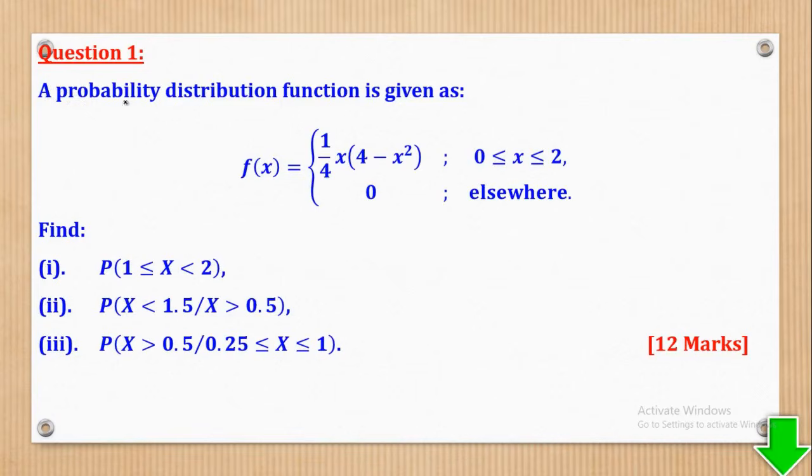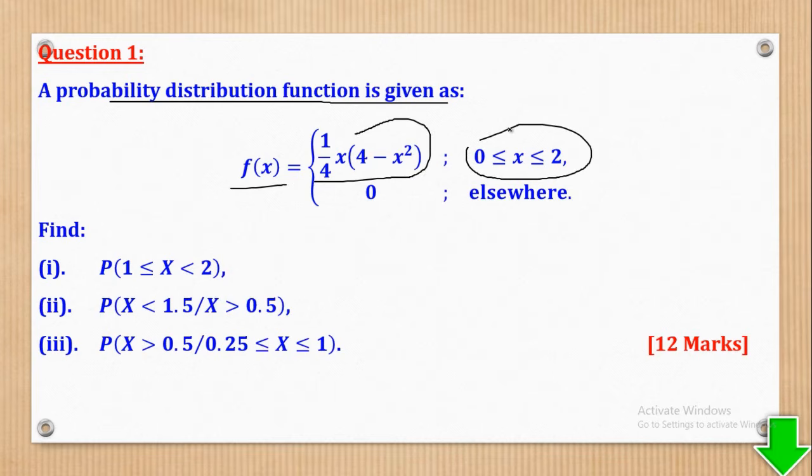Question 1 says the probability distribution function is given as this function, and this is the range of values for which the function is valid. Otherwise, outside this range, the probability is 0. That's what this 0 elsewhere means. They want you to find, Roman 1, the probability of x greater than or equal to 1 but less than 2.